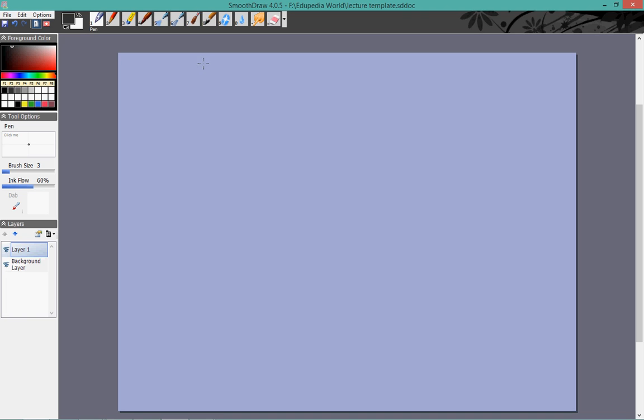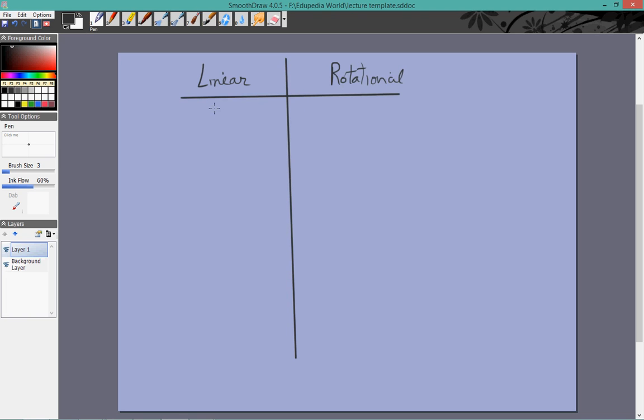Right? So this is linear and this is rotational. We have mass and the analog is moment of inertia, which is summation of mi ri squared. We have x, the analog is theta.